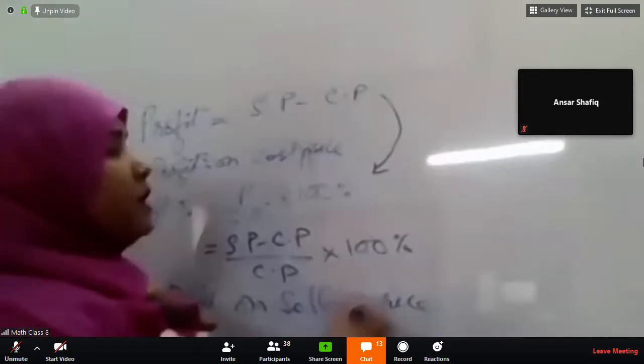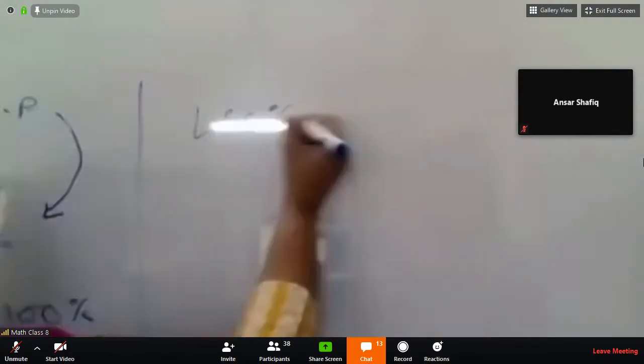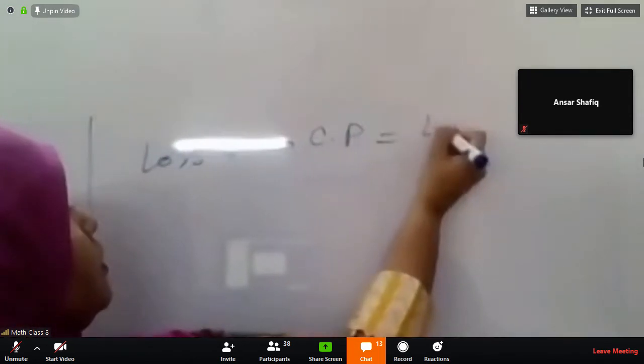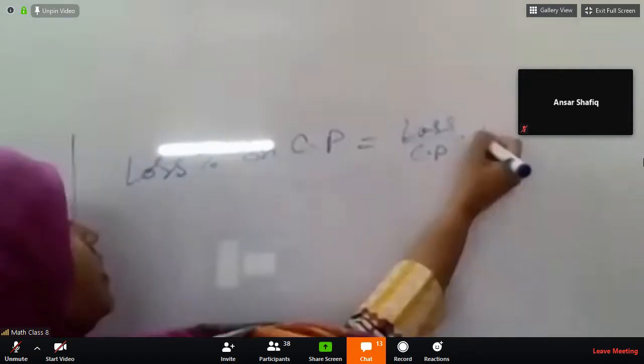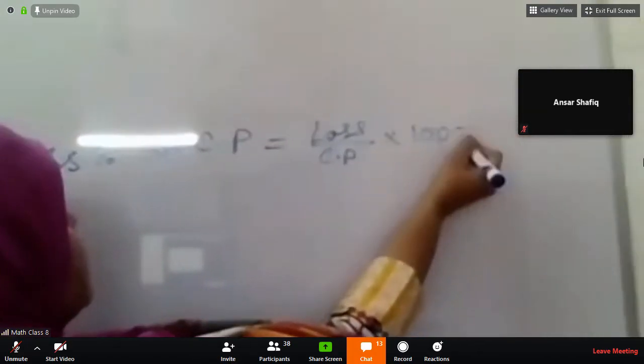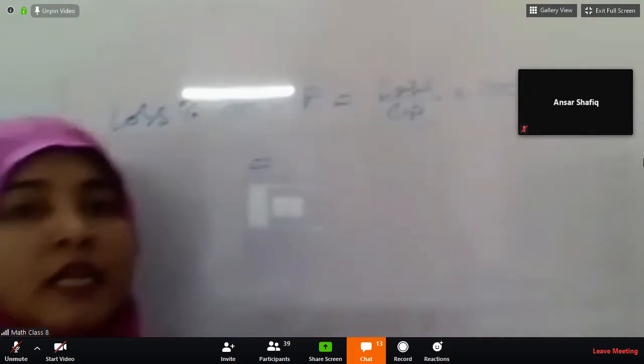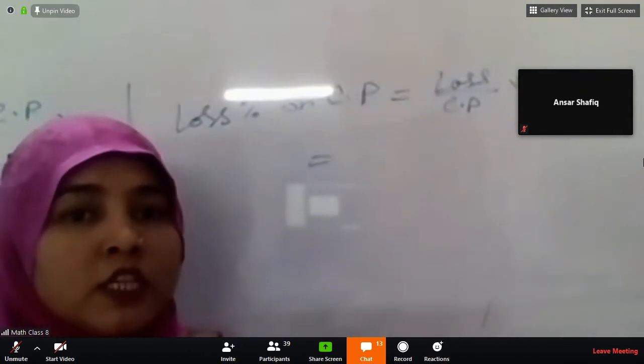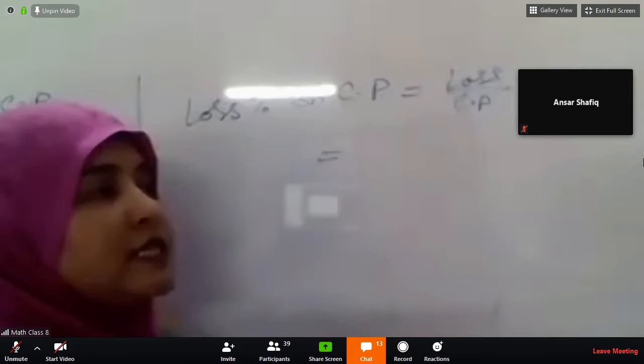Similarly, the formula for finding the loss percent on cost price equals loss upon cost price multiplied by 100%. And yesterday, Sir Ali told you that in case of loss, cost price is more than the selling price.